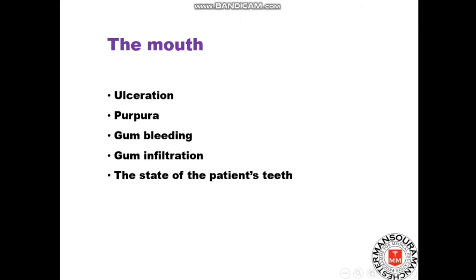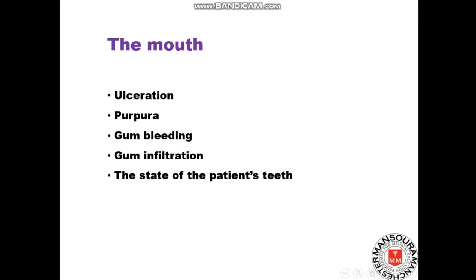Purpura occurs in cases of thrombocytopenia and bleeding tendency, in immune thrombocytopenia and leukemias. Gum bleeding occurs in bleeding disorders, for example immune thrombocytopenia, and also in leukemia.